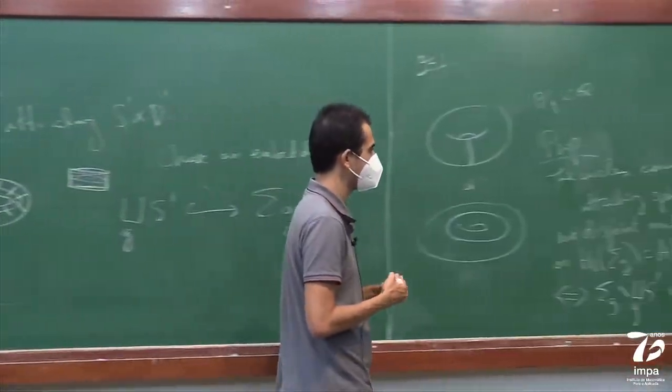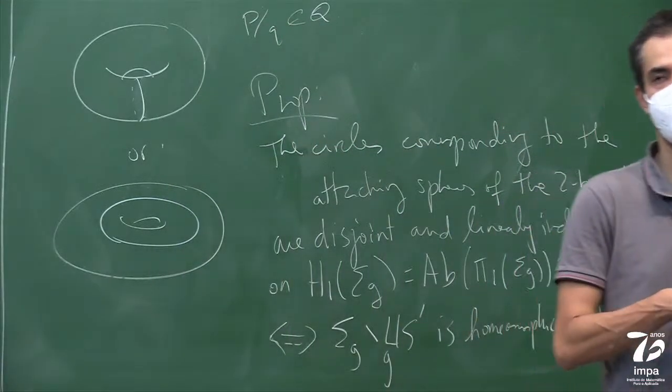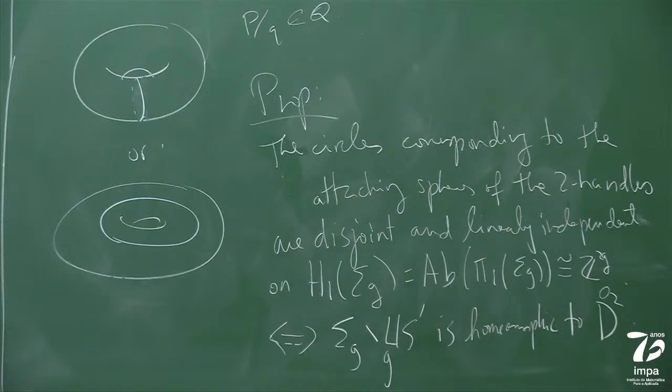It's not so easy to actually draw disjoint circles that are linearly dependent. You can if the genus is sufficiently big, but it's a little hard. So that's how you build three manifolds.